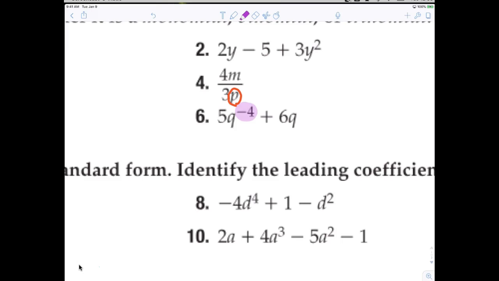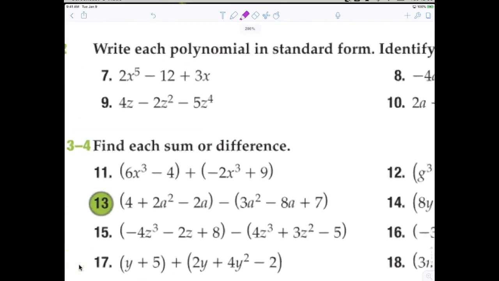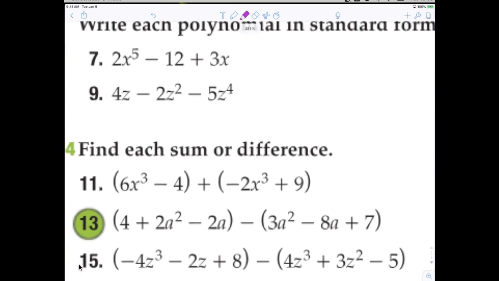Everybody happy? Now, standard form is one of the most important things, being able to write a polynomial in standard form. Standard form just means largest exponent to smallest exponent. Right now, we're looking at the largest exponent, which is the 5.